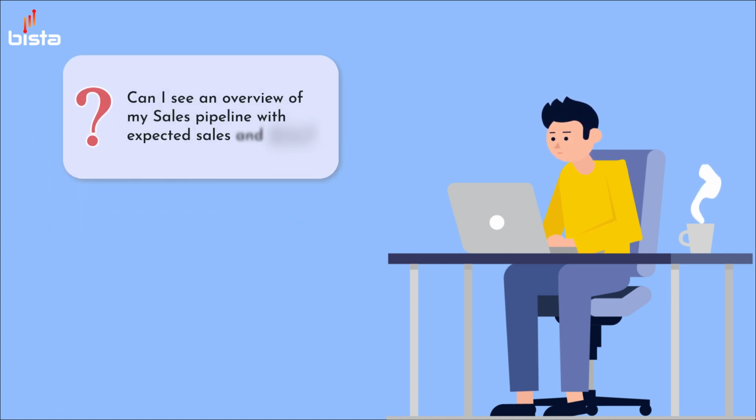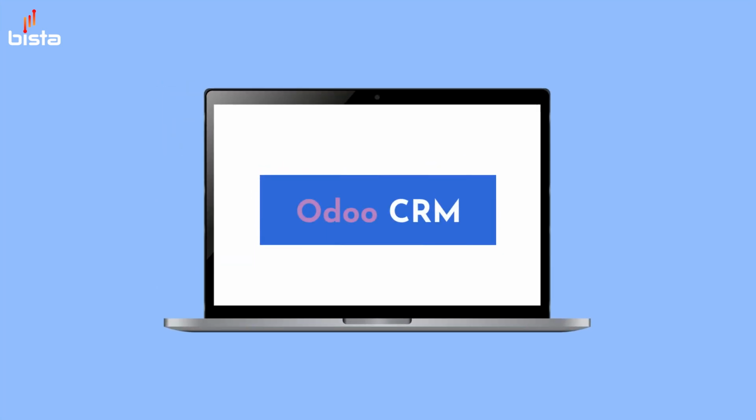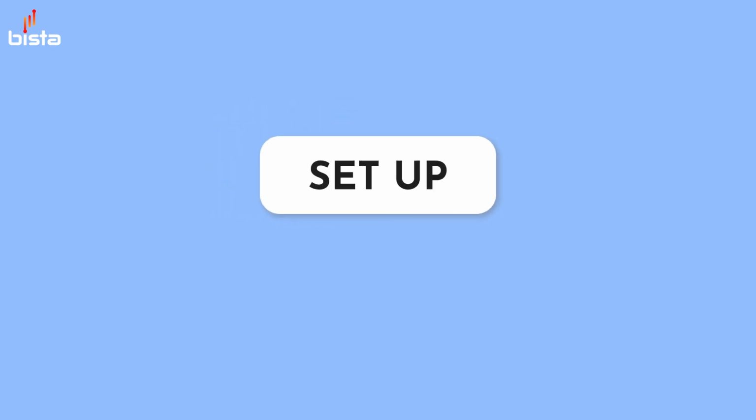Can I see an overview of my sales pipeline with expected sales and dates? What integrations does standard Odoo CRM allow? Odoo provides you with tools to be able to answer these questions and to better manage your leads and opportunities, if you understand how to set up Odoo in the right way and analyze the results correctly.